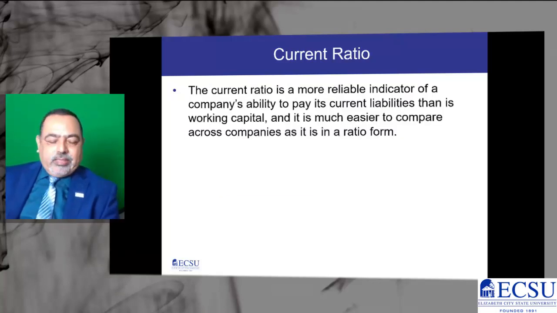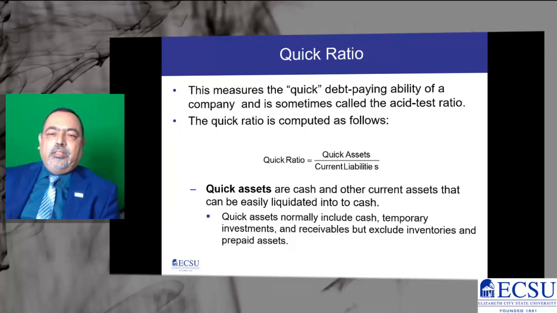As I said, it is considered a more reliable indicator of a company's ability to pay its current liabilities than its working capital. Because if it is a working capital, a positive amount, even if it is $1, then we are okay with that. But a current ratio is much easier to compare across companies, because it is in a ratio form. So that is your current ratio.